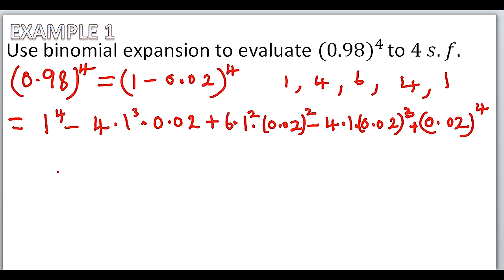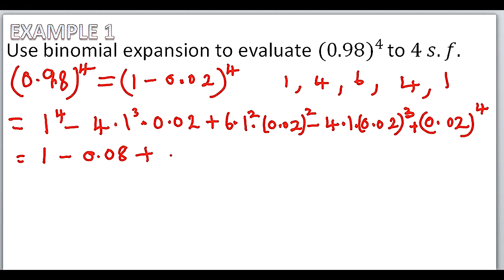This will give us 1 to power 4, which is the same as 1. So we have this equals to 1 minus, here we have 4, multiplied by 1 is 4, multiplied by 0.02, we get 0.08.